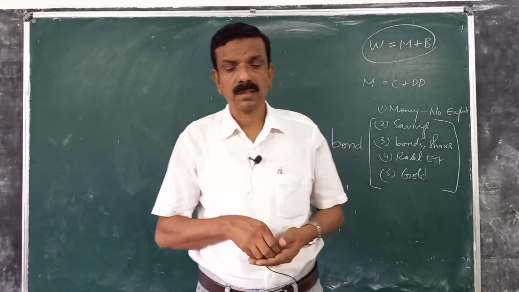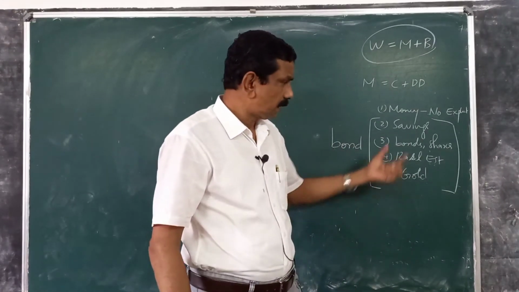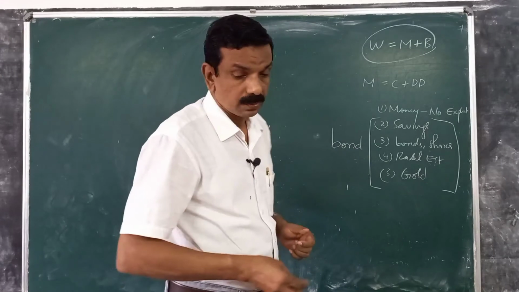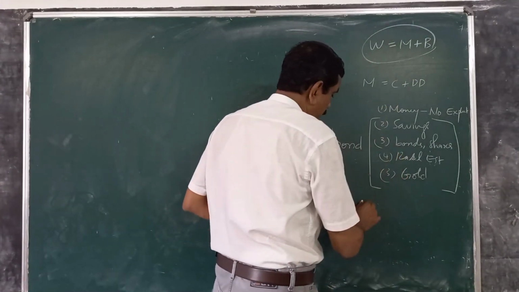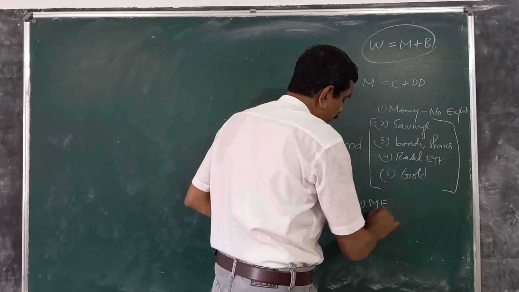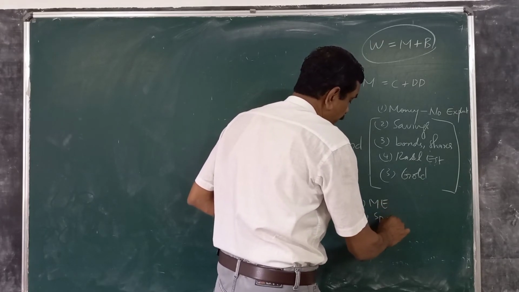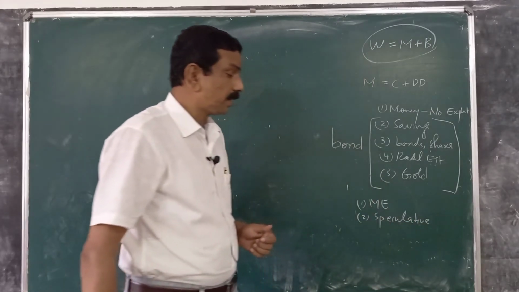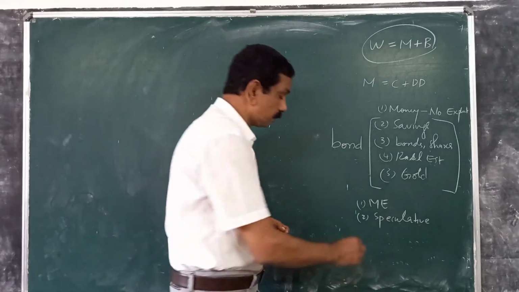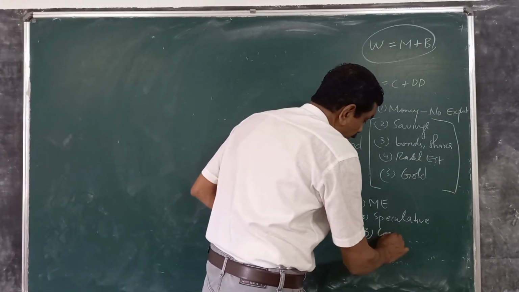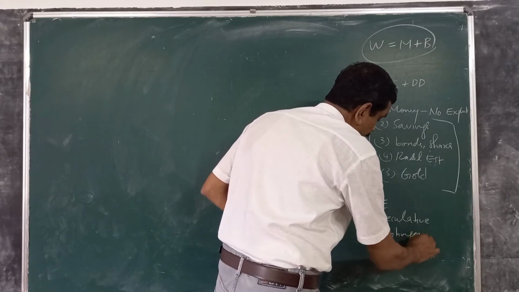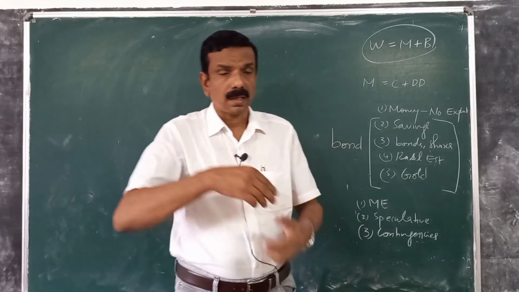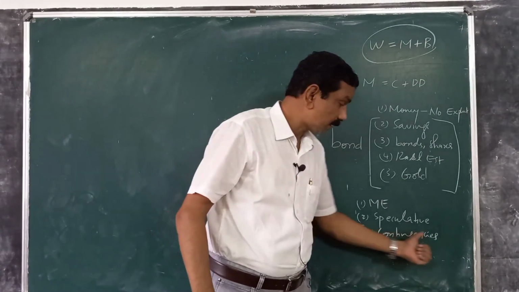But in the Keynesian model, money is much more than a medium of exchange. In addition to a medium of exchange, money is also used for speculative purposes. Money is also used as a reserve for meeting future contingencies.